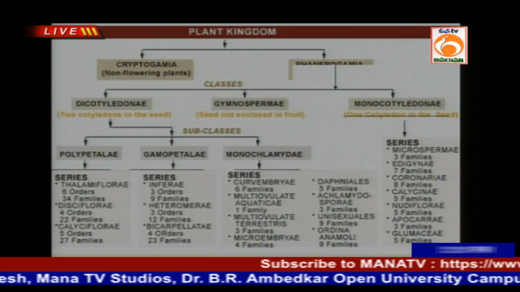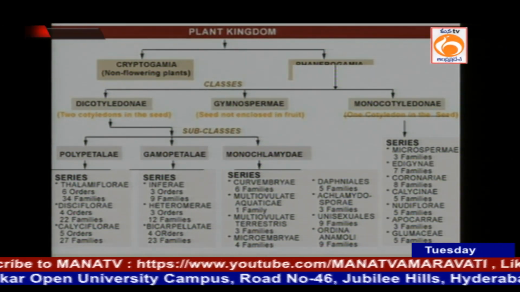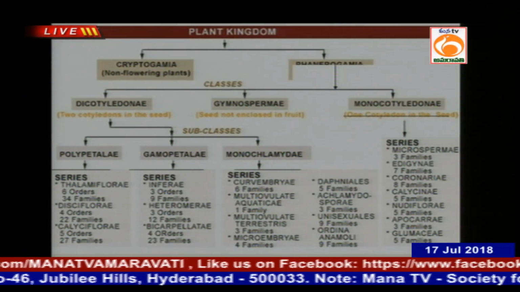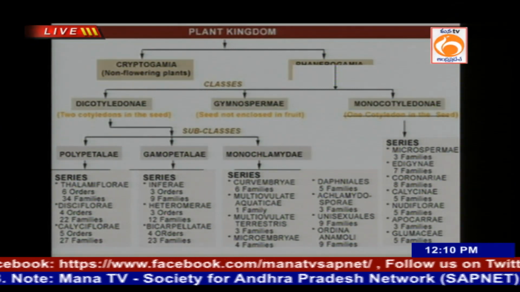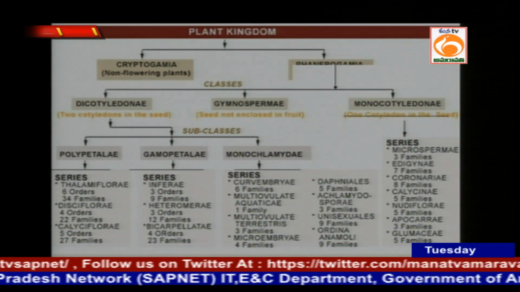Next, the plant kingdom, you know very well, is divided into two divisions, cryptogamy and phanerogamy. Cryptogamy deals with the non-flowering plants, that is Thallophyta, Bryophyta and Pteridophyta. Today we are not dealing with that classification.